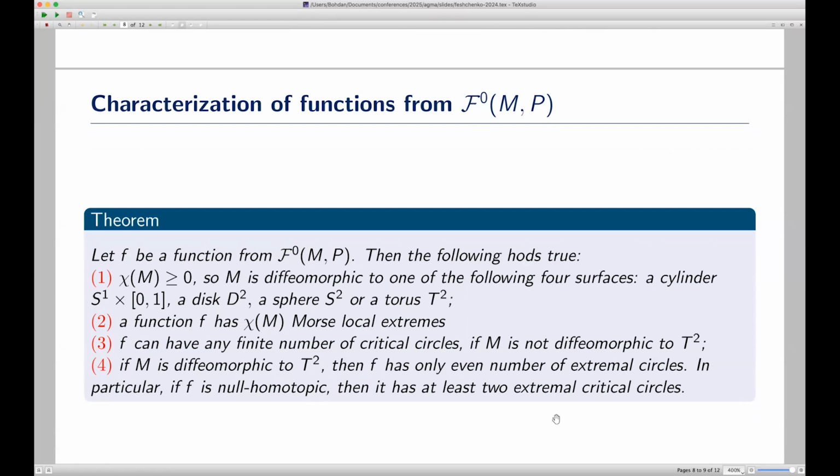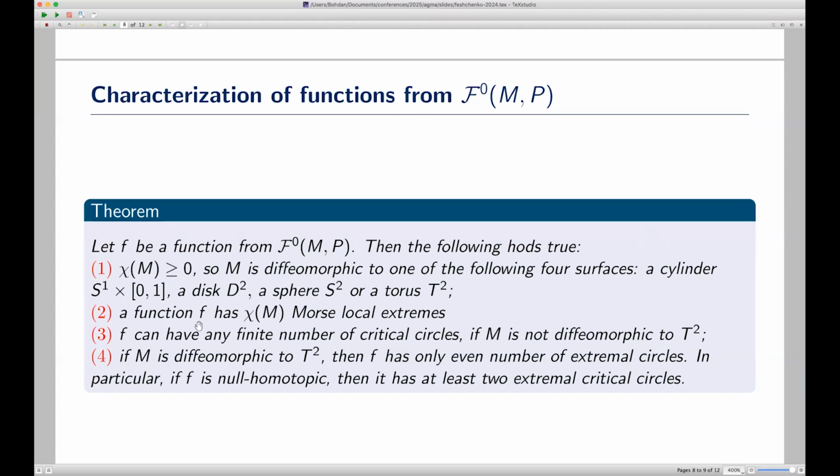If you have a function from this class F0, then the following conditions hold. The Euler characteristic is non-negative. So M is diffeomorphic to one of the following four surfaces: a cylinder, a disk, a sphere, or a torus.